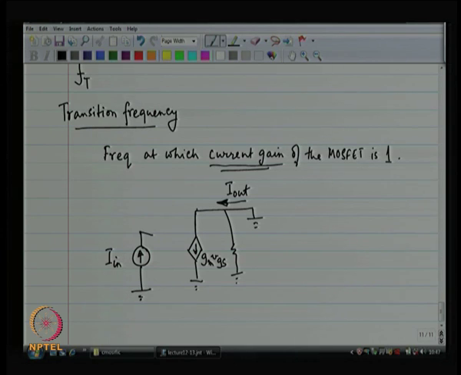Similarly, C drain to body, is it of any concern? Both sides are at ground, no current is going to flow through it. Okay. Then I have C gate to source. I have also got C gate to drain, which is going to come in parallel with C gate to source. All right. So, this is the model for my MOSFET.